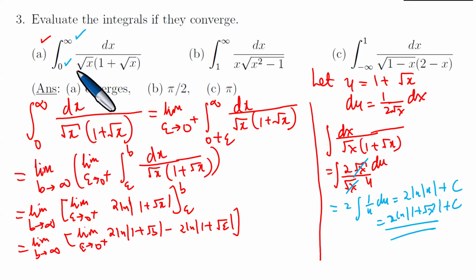If you substitute 0 into the function, the denominator becomes 0, meaning that at 0 it is undefined, so it is an improper integral of the second kind. But also at infinity, it is an improper integral because of the infinity as the limit of integration. Therefore, we need to take care of both cases.